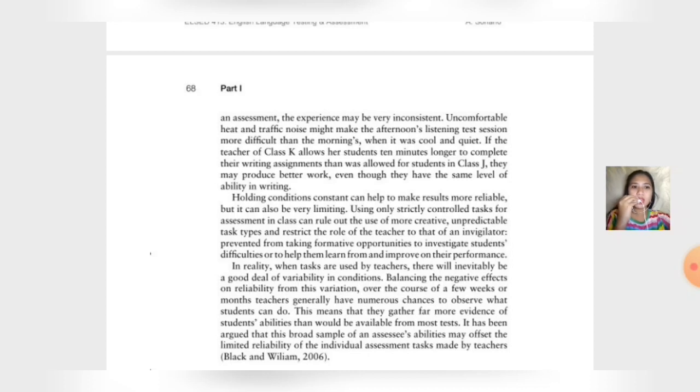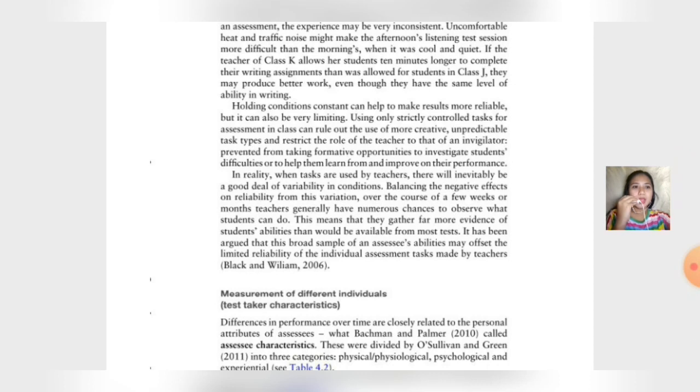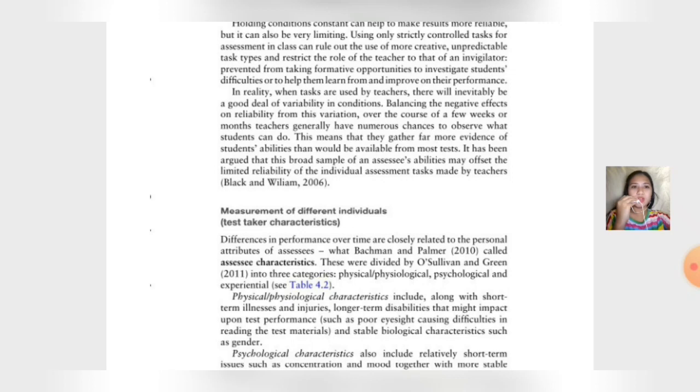This means that they gather far more evidence of students' abilities than would be available from most tests. It has been argued that this broad sample of abilities may offset the limited reliability of the individual assessment tasks made by teachers (Black and Wiliam, 2006).